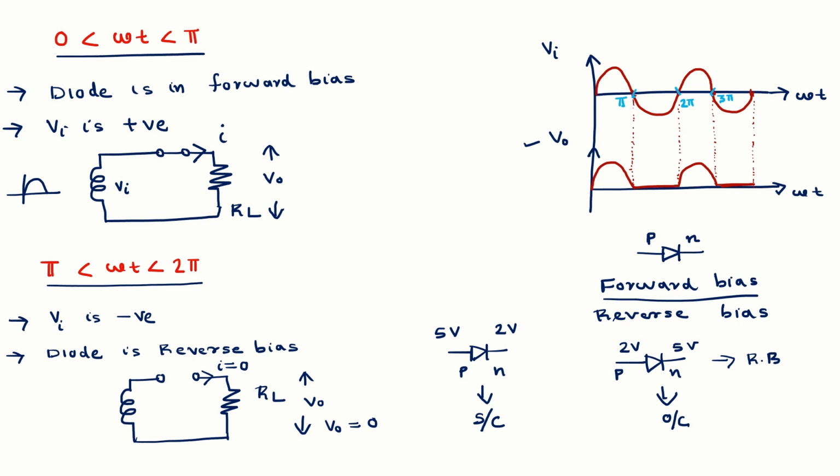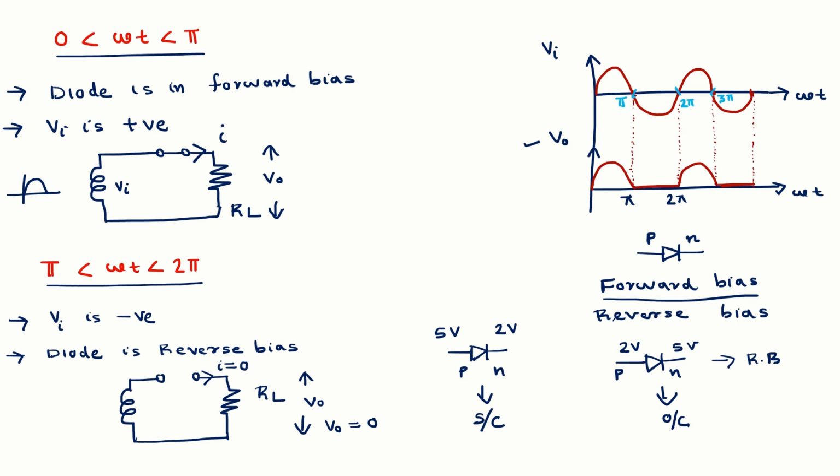That's why in the second half cycle, pi to 2 pi, I am drawing a red horizontal line only, a zero line voltage, because there is no voltage drop developed across the load resistor, that is V naught, when omega t is in the range pi to 2 pi.